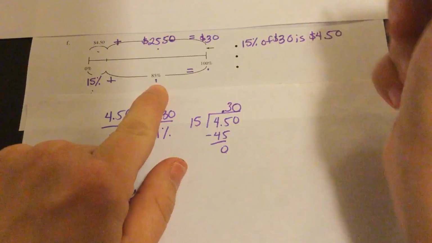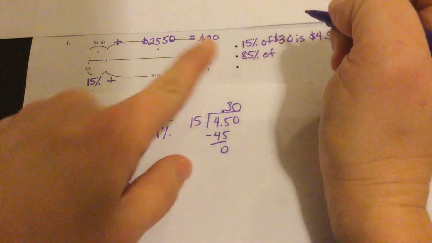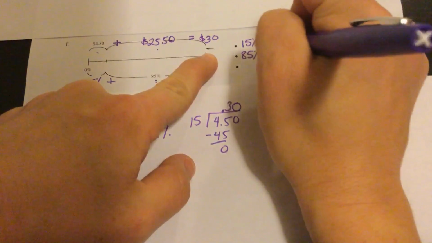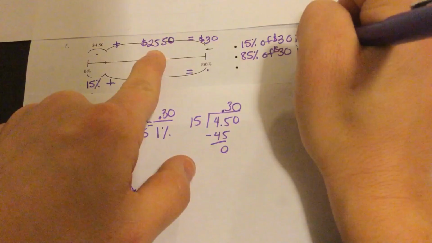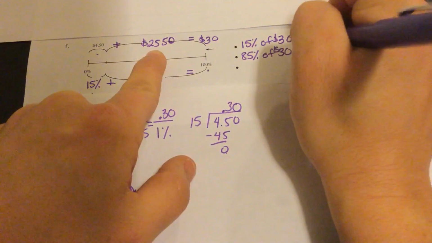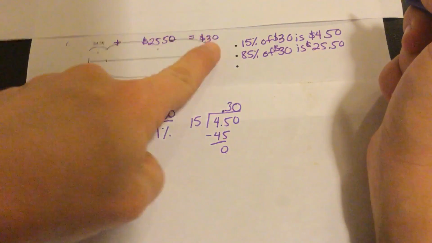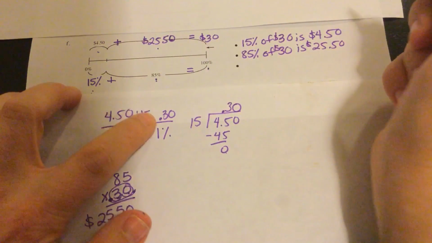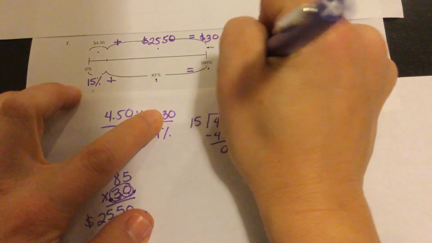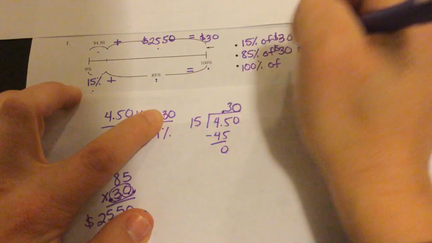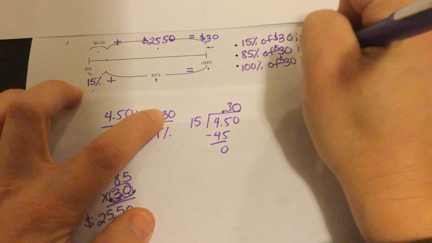I'm going to move next onto the 85%. 85% of the total, which was $30, equals $25.50. Then the last one I'm going to write, I could do 0% of $30 is 0. But I'm going to choose the 100% of $30 is $30.